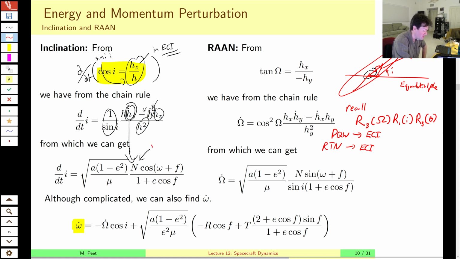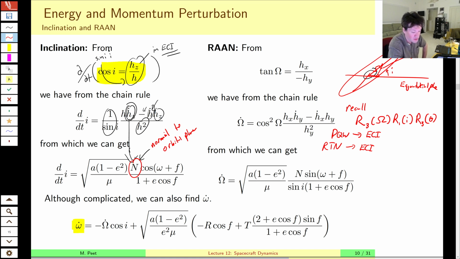So this is the normal to the orbital plane. Remember, the only thing we're changing here is the orientation of the orbital plane. So the only component of the force that should matter is the part of the force normal to the orbital plane, right?